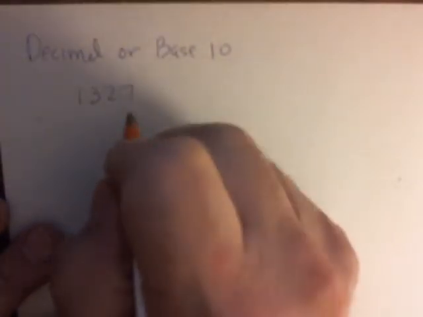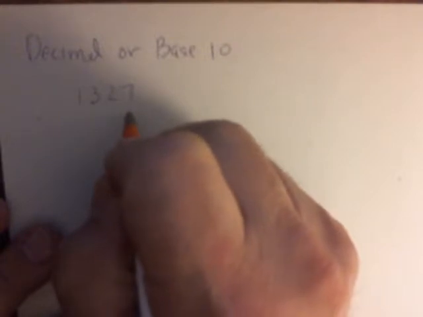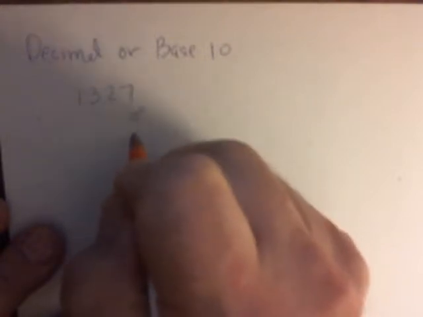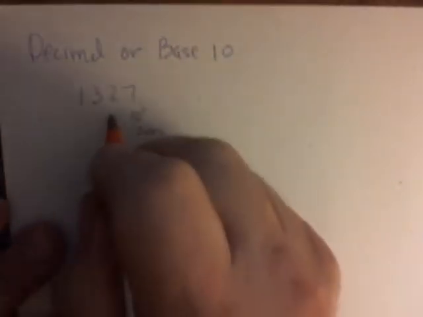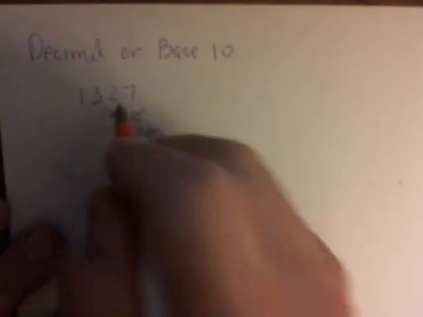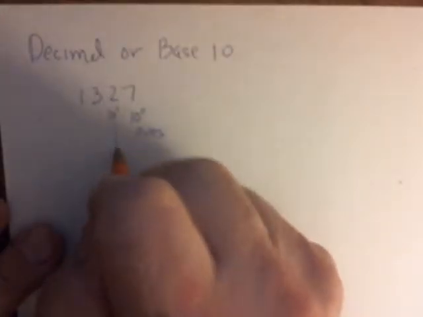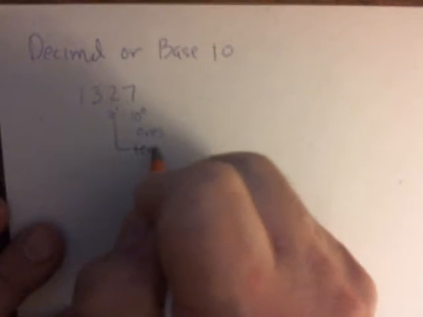Like, for instance, this right here is the 10 to the 0, or the ones place. This one right here is 10 to the first, or what we call the tens place. And as we move on, you should be seeing a pattern.